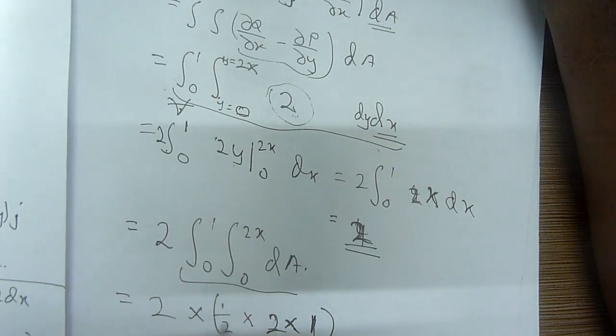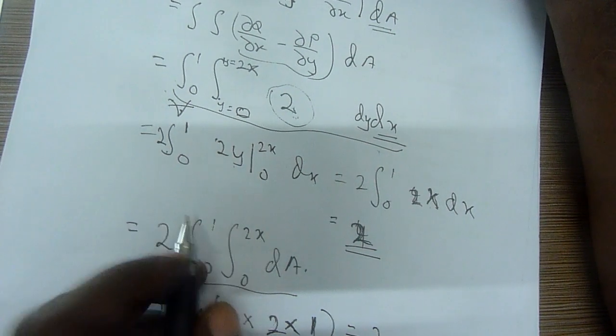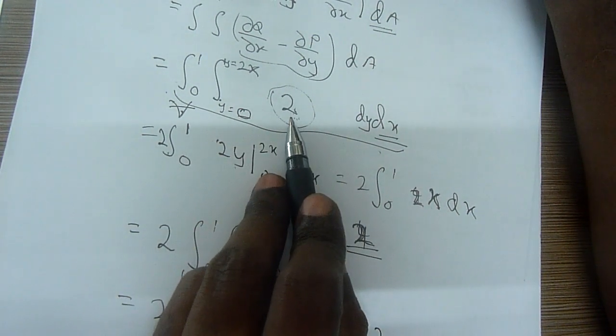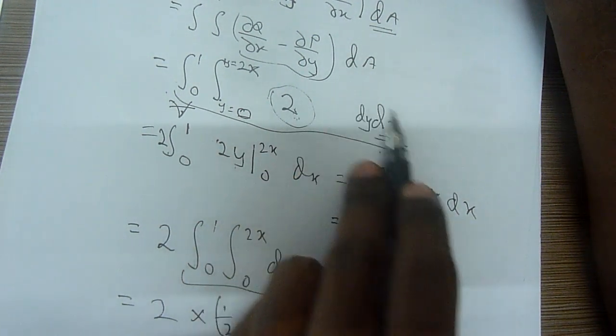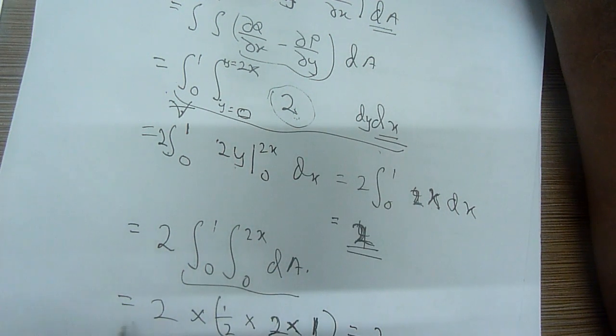I can straight away calculate and give you this. But remember, if this one is not a constant, you won't be able to use this method. What I'm trying to say is 2 times rectangle, sorry, triangle area.